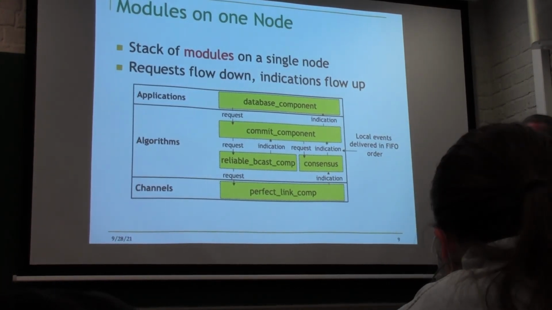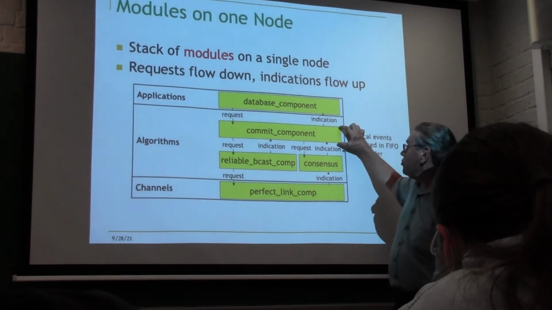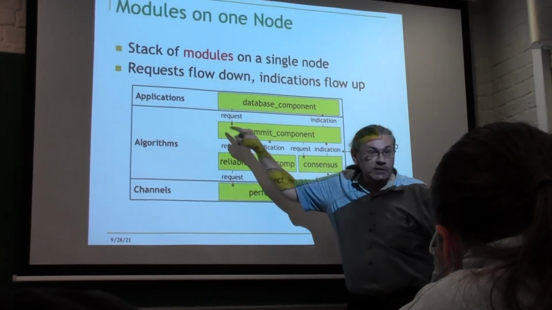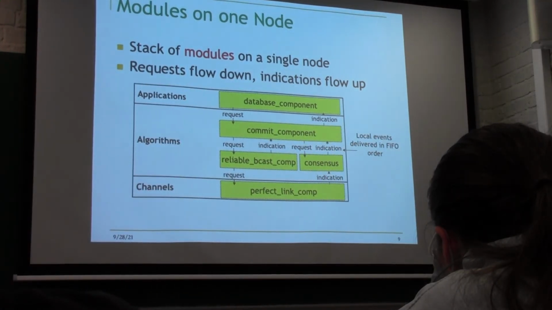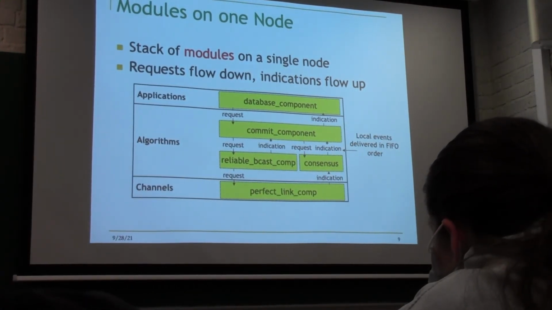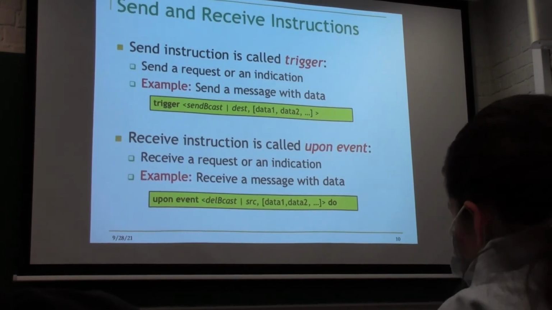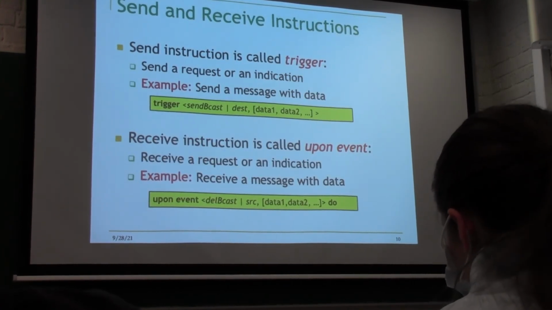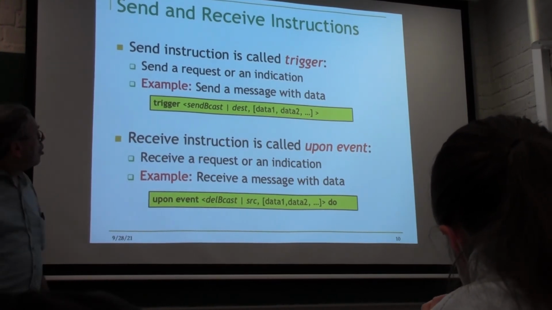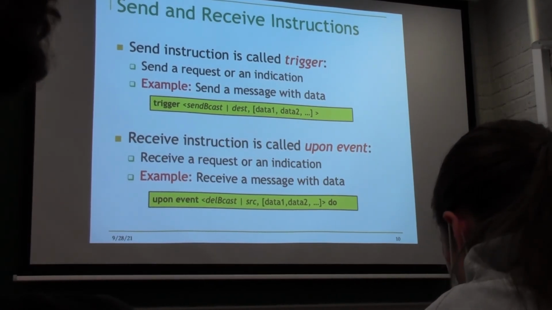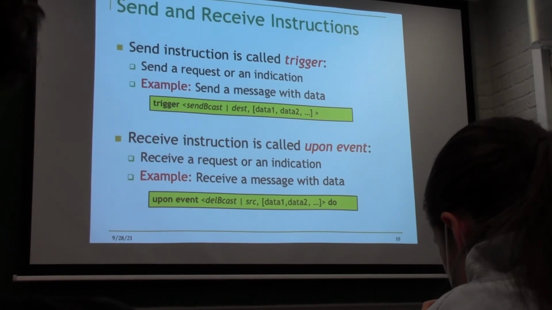So all our programs are going to look like this. We're going to show you the code for what's inside those yellow boxes. That's the kind of code we show you. And just to remind you, the send is called the trigger. The send can be either request or indication. The request is a send that goes down.